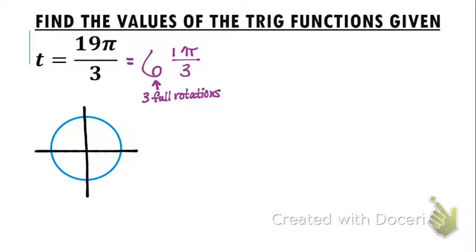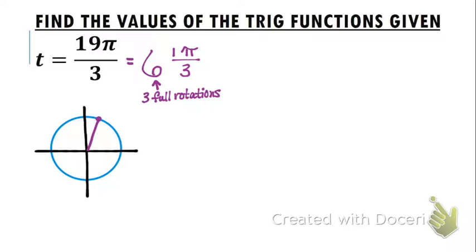Where's pi/3? In the first quadrant. Is it going to be closer to the x-axis or closer to the y-axis? Closer to the y. My over 6s are close to the x-axis. My over 3s are close to the y-axis. So we're going to be right here.